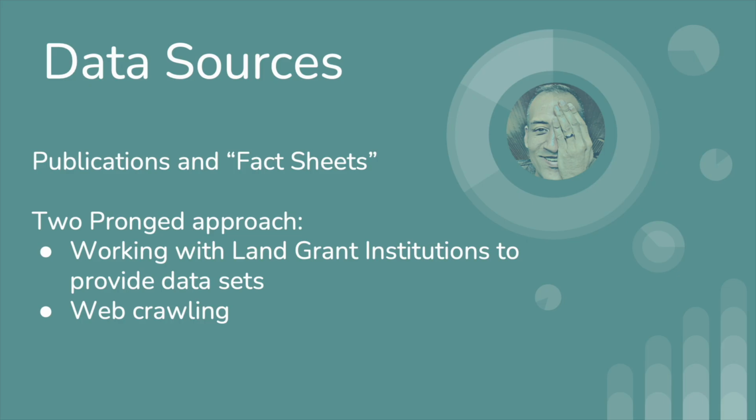So how are we gathering this data? We're taking a two-pronged approach. One is working with the land-grant institutions to provide us data sets. We market and have conversations with land-grant institutions, and for those that are interested in working with us, we have a data specification, which we'll look at in a few slides.